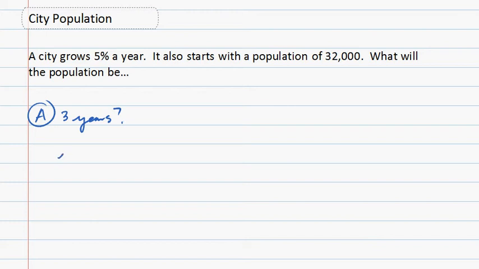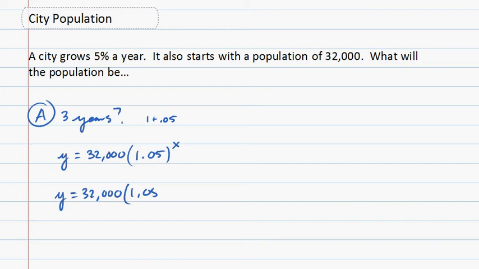Okay, so we're going to do our general form, and instead of A, we're going to write the start amount, which was 32,000 people. Now for B, it's growing 5%. So 5% means we're going to add 0.05 to 1. And my B is going to be 1.05, and we'll put x up there. So after 3 years, to figure that out, we would do 32,000, 1.05, and we would put 3 up there.